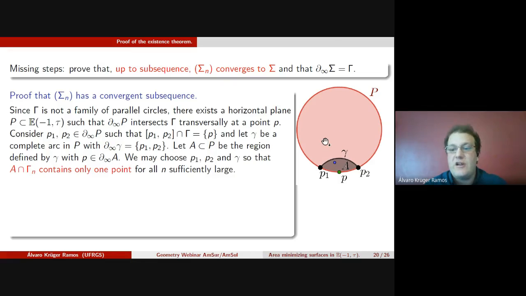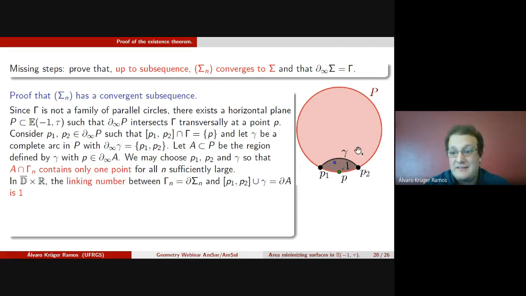So eventually, for n sufficiently large, gamma n will intersect this disk A only 1 time, and the intersection is going to be transverse. So the linking number between this closed curve here, which is the boundary of a disk, in the product manifold, the closed disk times R, and the curve gamma n is 1.